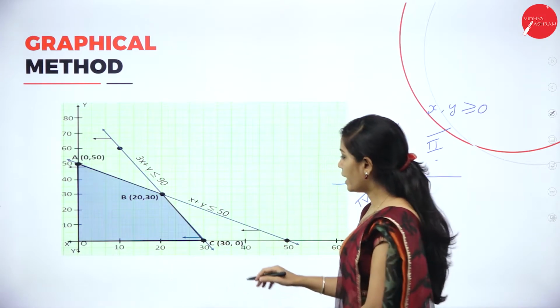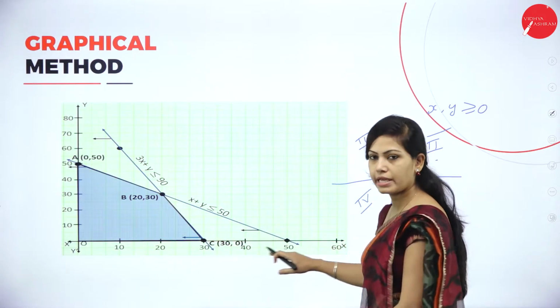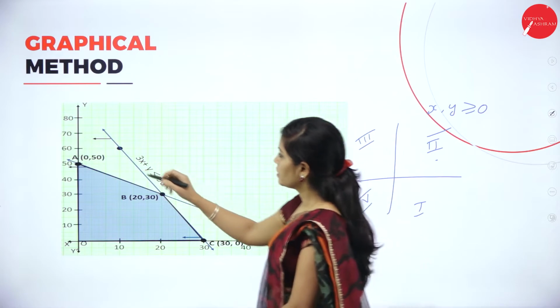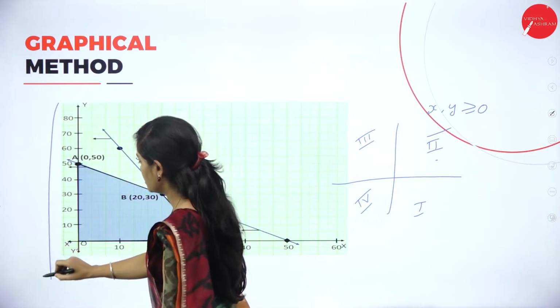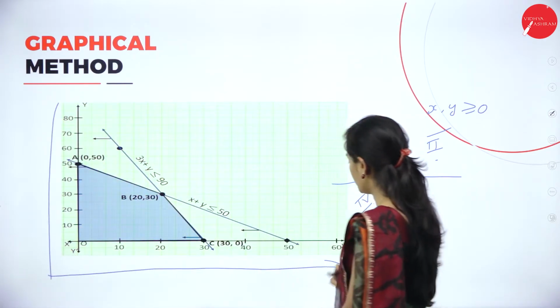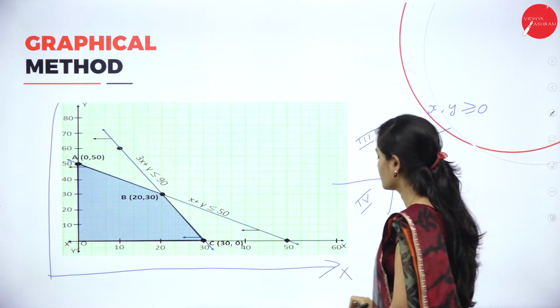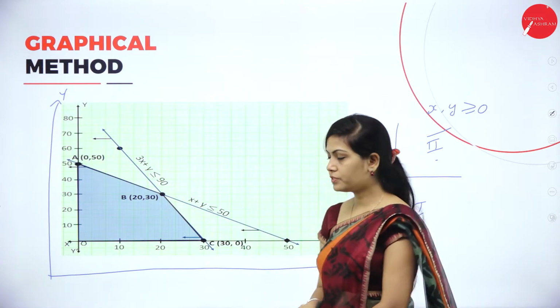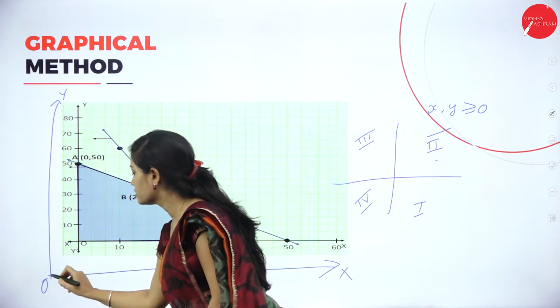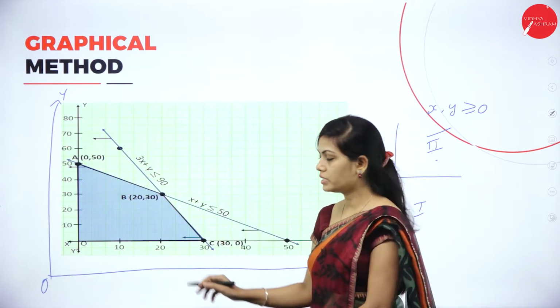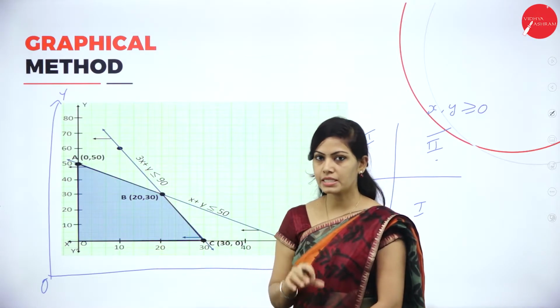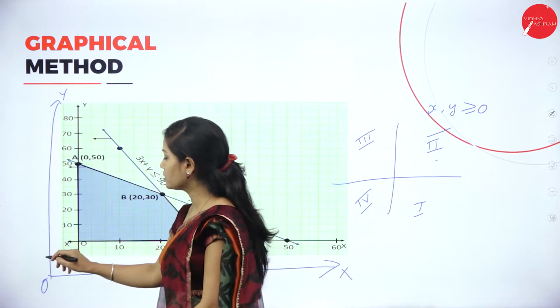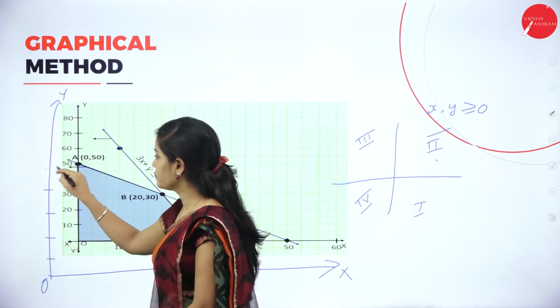So here I have the x-axis, this is the x-axis and this is the y-axis. X and y. After that, this region is called the origin, the point is 0. Using the constraint lines, you can find out the scale.